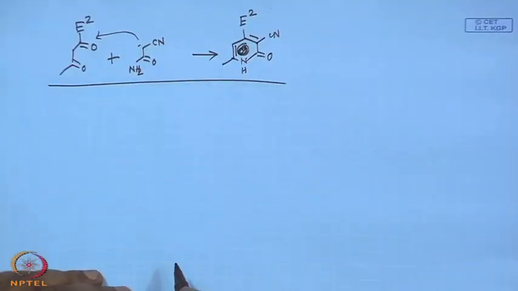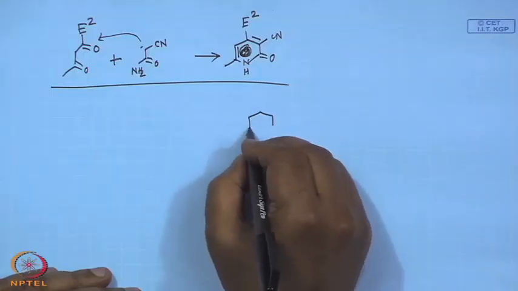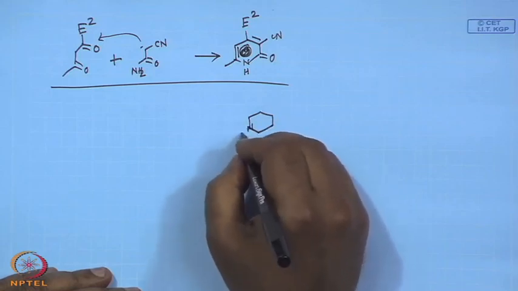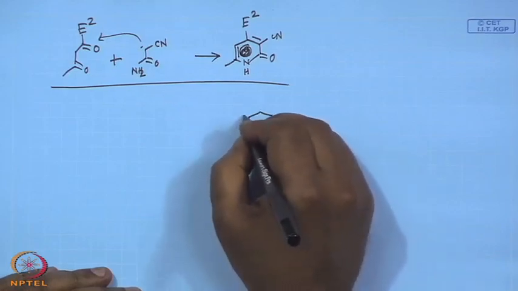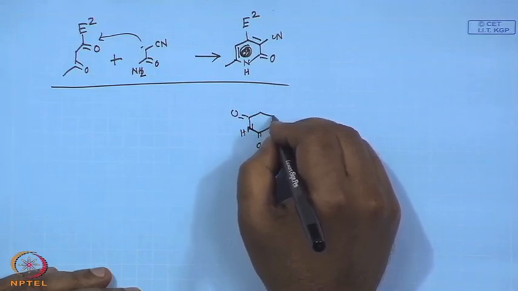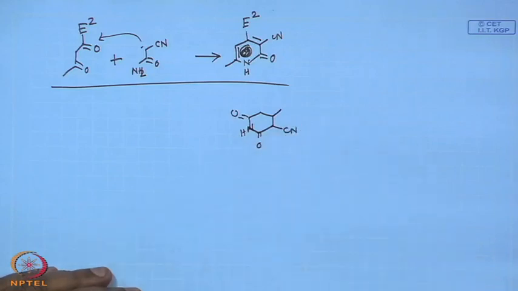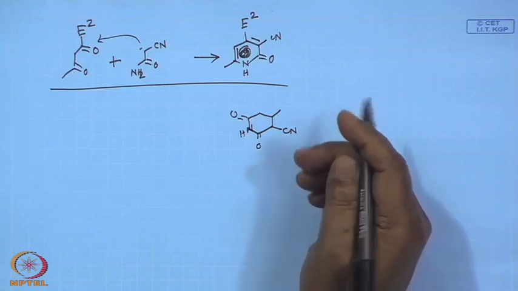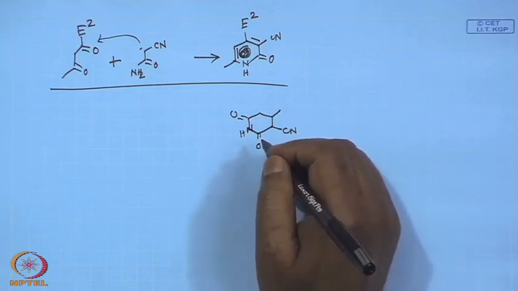Okay. And let us look at one more variation of this example. Let us say I just do a small change here, and we move backward, and let us see how to make this compound.